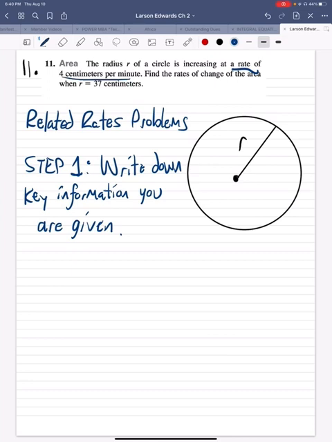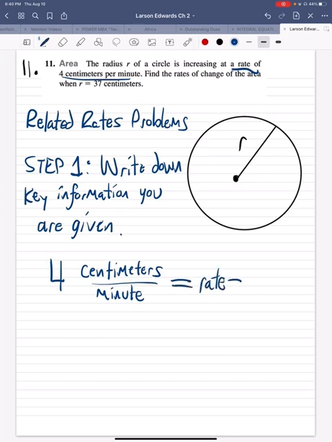Now remember, this is just like when we said miles per hour as a rate. 4 centimeters per minute is equal to the rate of increase of the radius. The radius of the circle is increasing at the rate of 4 centimeters per minute.